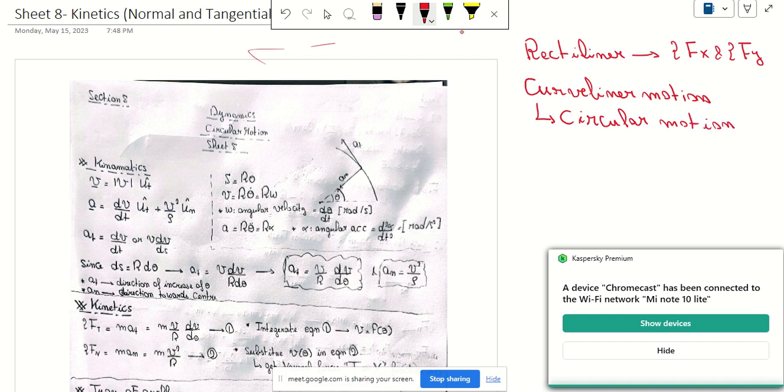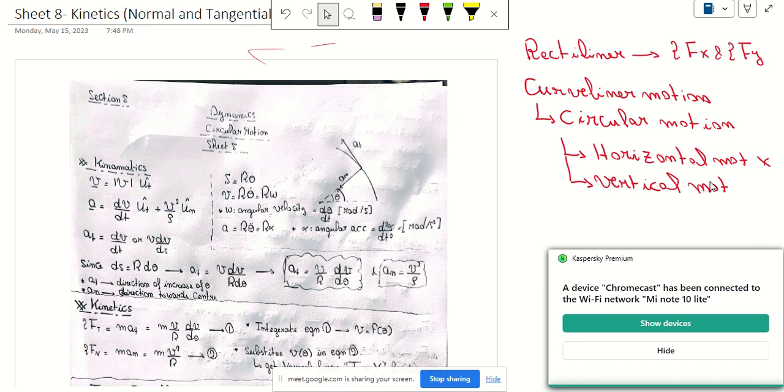When dealing with circular motion we have two cases: horizontal motion, a horizontal circular plane motion, which has been cancelled from the syllabus, and the second one is vertical motion, again a circular motion. This is the one we're going to study during this video.